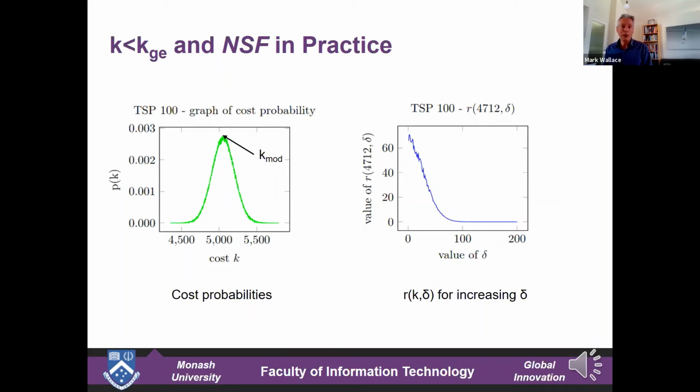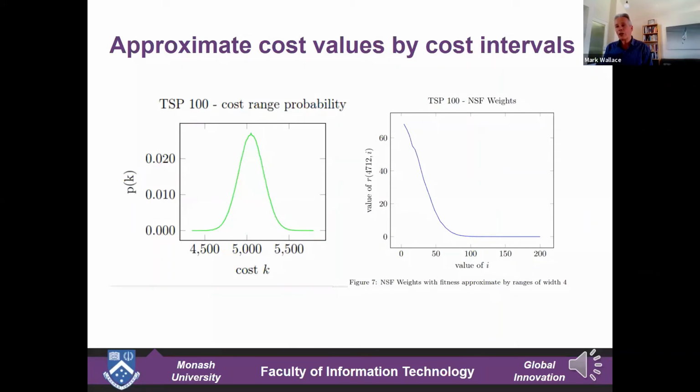If we consider a small fitness range, then we're approximating the fitness slightly, but reasoning on fitness ranges, we actually get this complete monotonicity that we're after. So in this case, we've taken a fitness range of 4, and RKI is strictly decreasing with increasing I.